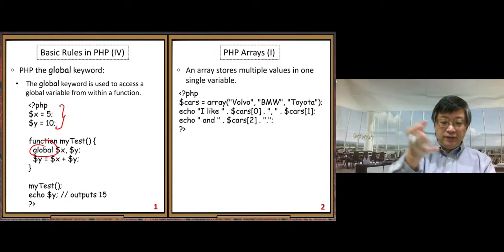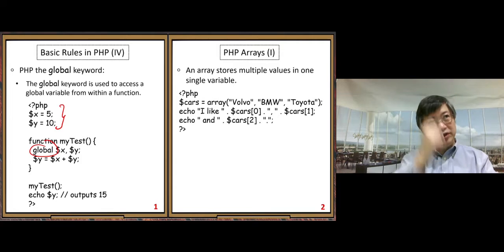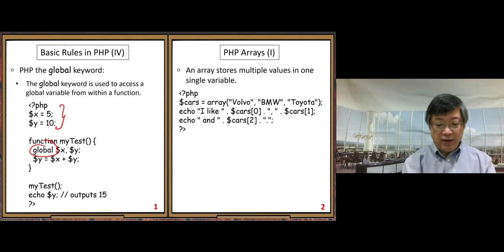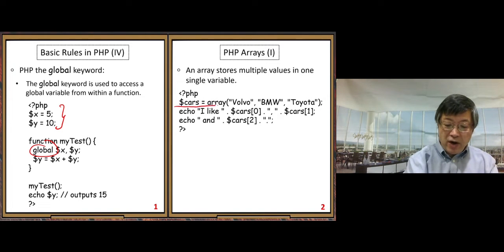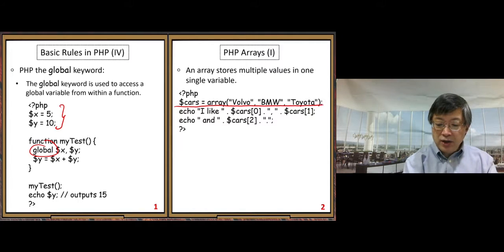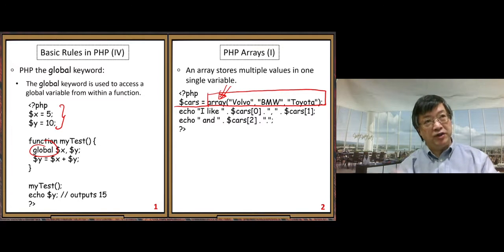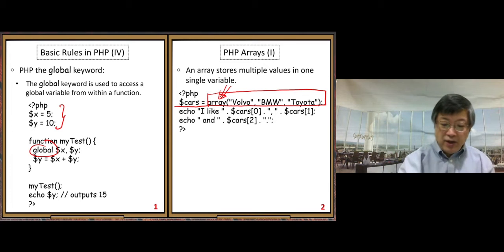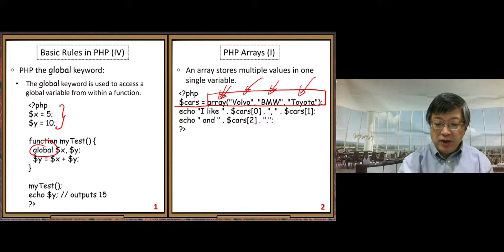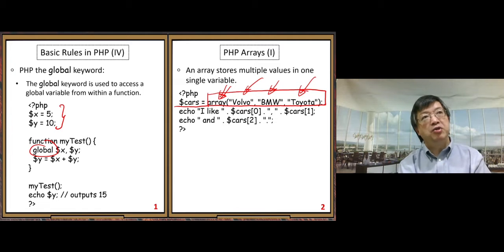Here is a simple array example. In the first line, you create a variable called cars, but you use this array function. Later we will talk more about that array function. Then you pass the array elements as arguments to this function.